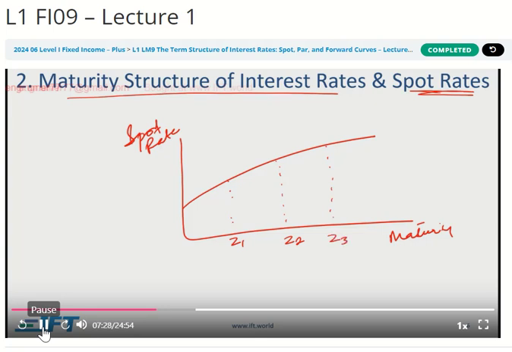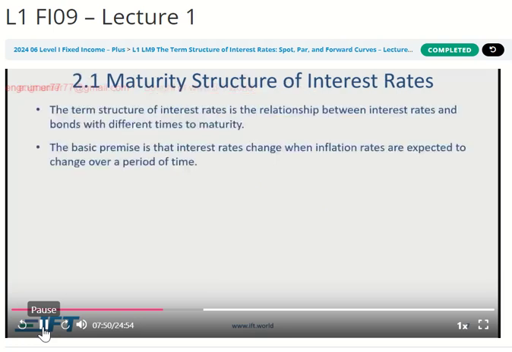And we make this up to 30 years. So it goes from as small as 3 months to 30 years. This is called your yield curve. And of course, we're talking about government securities over here. So all these rates are for default free, risk-free securities.